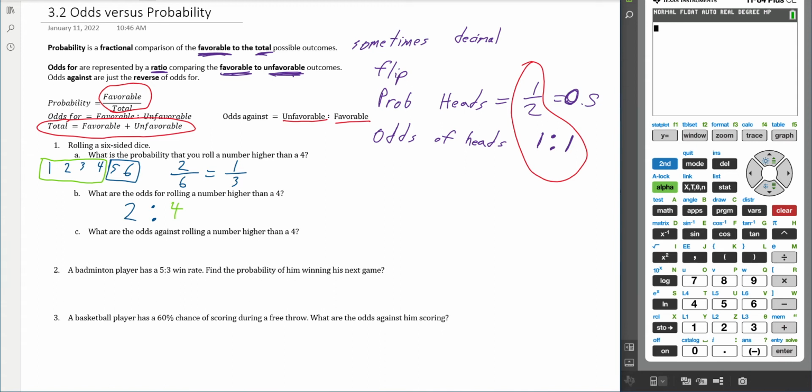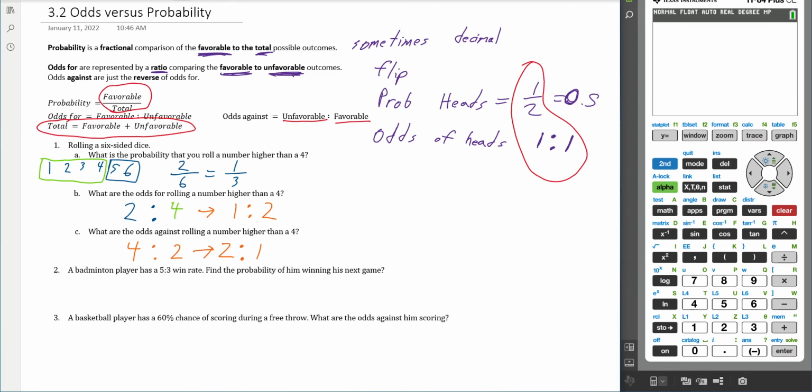So 2 to 4, and we could also simplify this in the same way as above, to 1 to 2, because a ratio is basically a fraction in a different way, you're just turning it on its side. What are the odds against rolling a number higher than 4? It's just the opposite, so 4 to 2, which simplifies to 2 to 1.